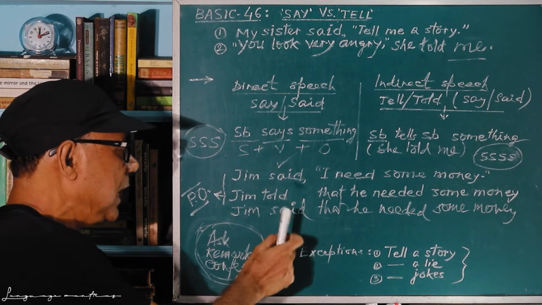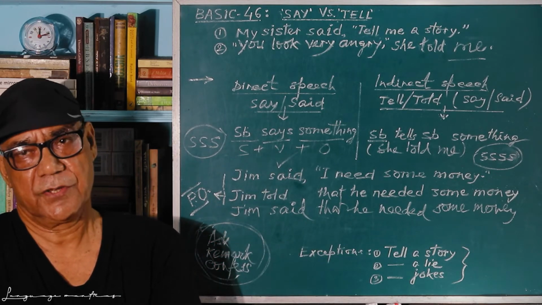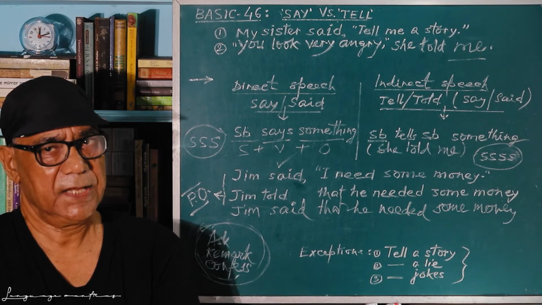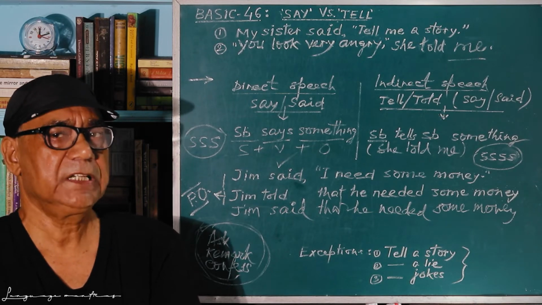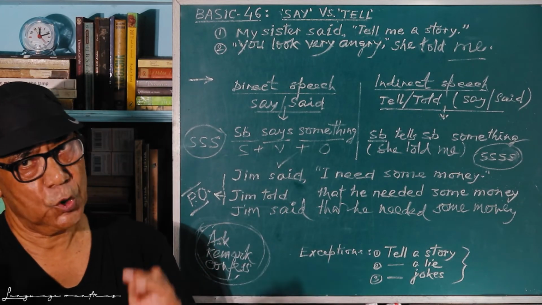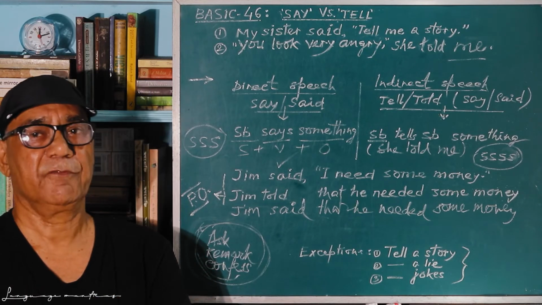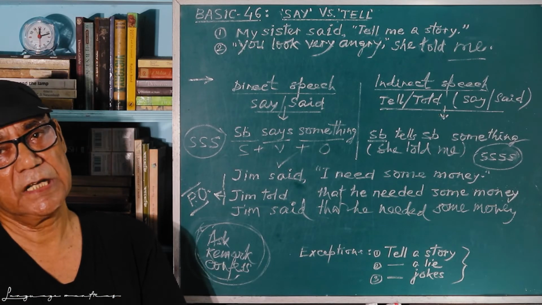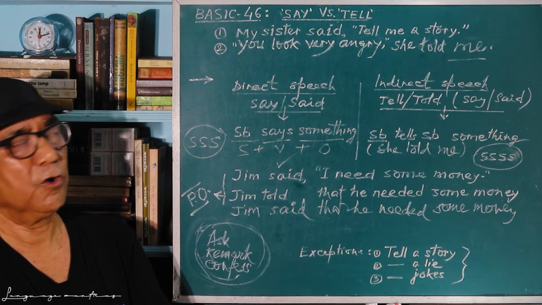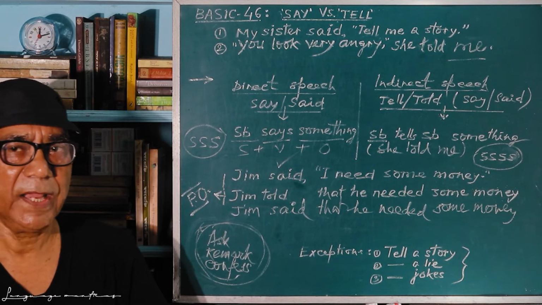Why? Because after Jim told, a personal object is necessary. That object is not here. If you say Jim told me that he needed some money, the sentence is perfect. But that is not the indirect form of this sentence, Jim said, I need some money. Why?